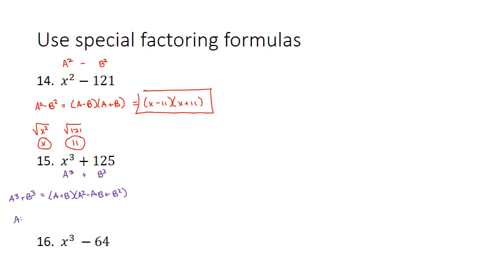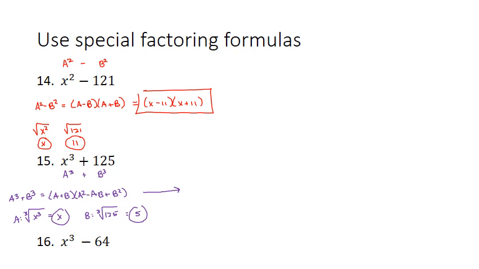To find a, I'm not going to do square roots. Instead, you're going to do the cube root of the first term. So the cube root of x cubed is x. And to find b, you're going to take the cube root of the number, which is 125, which is 5. So I'm going to take the x and the 5, and I'm going to plug them into this factored form.